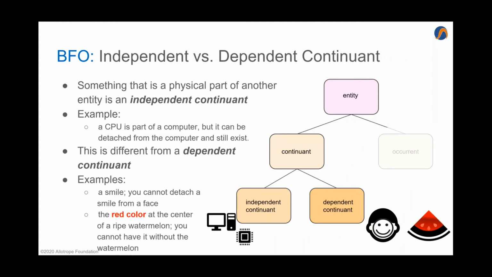So let's start and try to understand the independent continuant first. Example, a CPU is part of a computer, but it can be detached from the computer and still exist. This is different from a dependent continuant. For example, a smile, you can't detach a smile from your face, or the red color at the center of a watermelon. You can't have it without the watermelon itself.